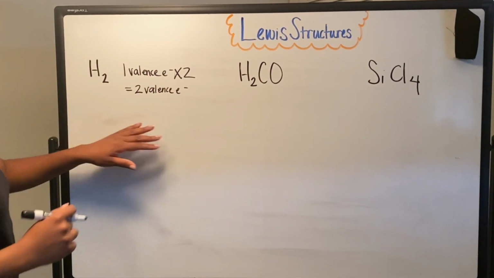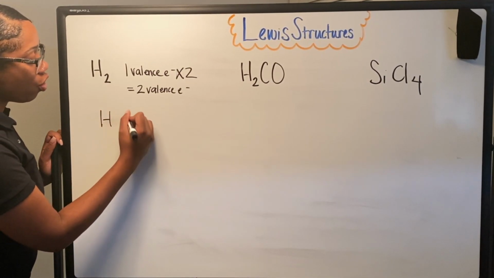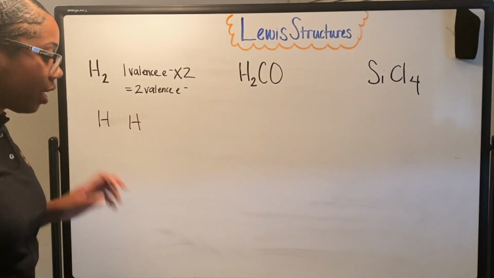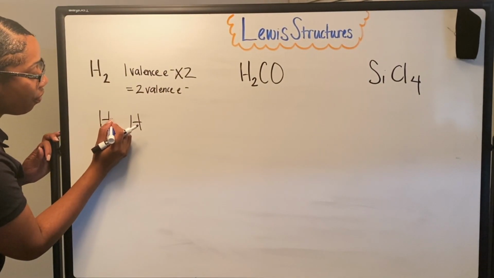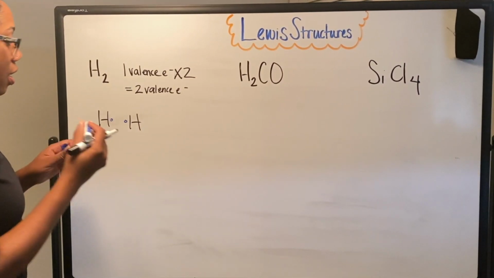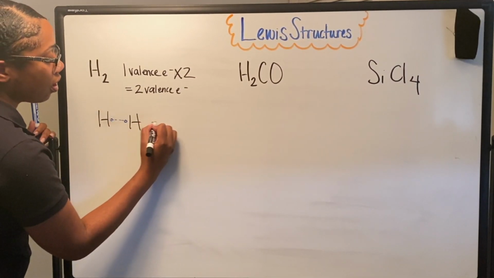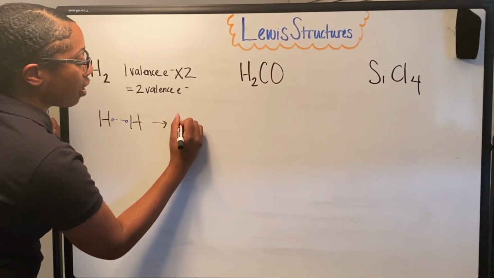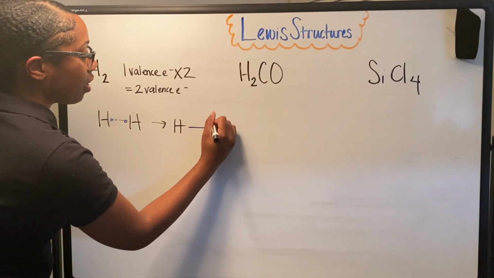So when we draw out the structure, first you just draw out the structure this way, and then we draw in the valence electrons. Well, we know that this will be a bond. So pretty much that's saying H is bonded to an H.